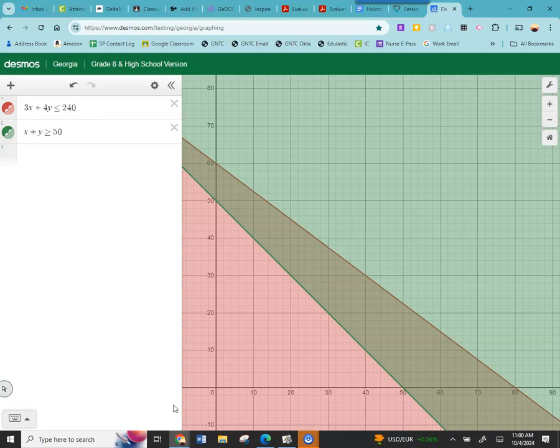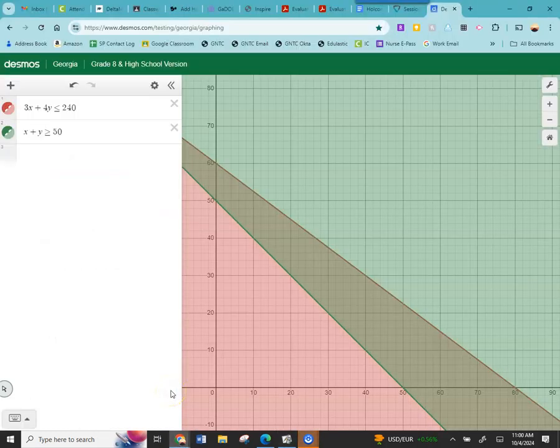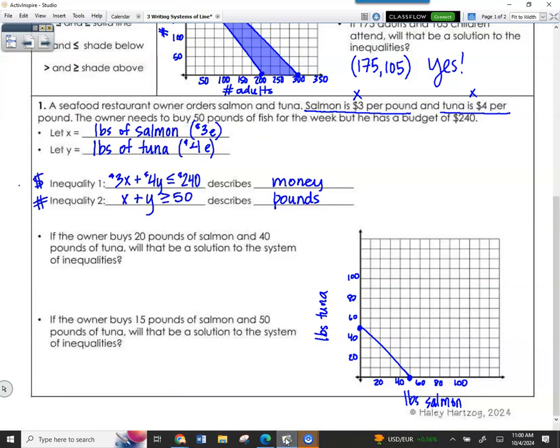Those are the intercepts. X-intercept 50, Y-intercept 50. So 50, 50, and I'm going to do my best to draw a line. My next one, X-intercept 80, Y-intercept is 60. 80 and 60.